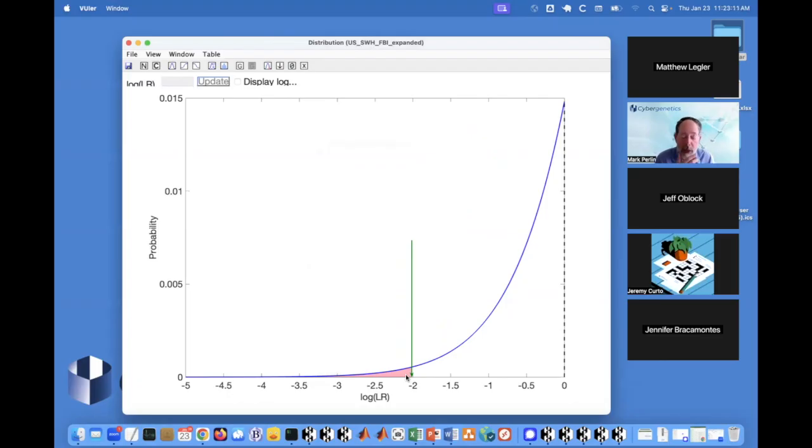But here you can see that error rate. It's measuring how far away somebody would be who's actually a contributor. What's the chance of an adventitious exclusion? All right, so we can put words to that by going to the next slide.